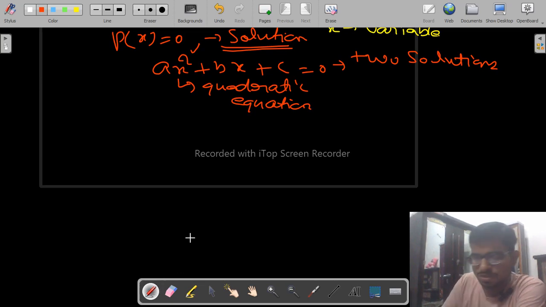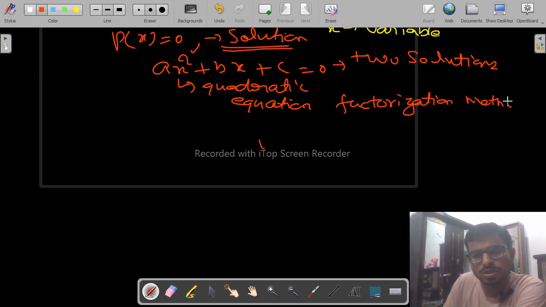We have discussed that this type of equation will have two solutions. There are basically two methods by which we can find the solution of this equation. One is the factorization method, and the second one is the quadratic formula.